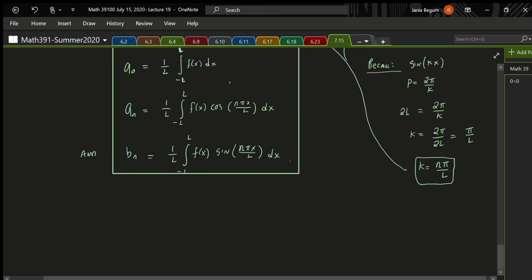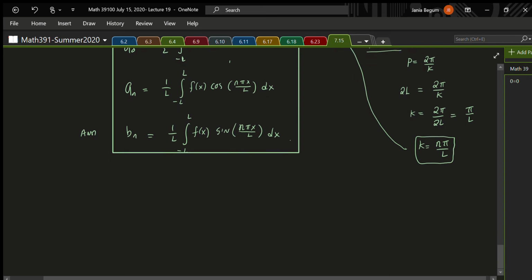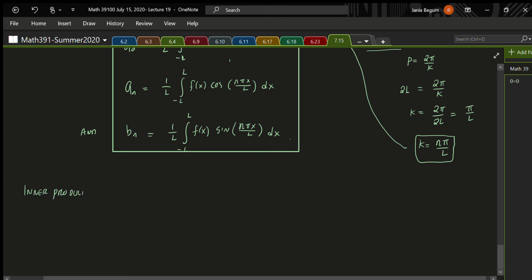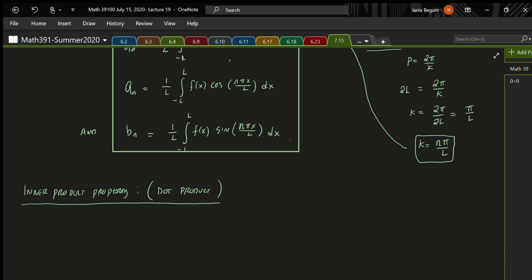But before I do that, I want to show you the inner product property, or you might have also seen it as the dot product in calculus. Just to quickly review, if you take the dot product of two vectors, and if the dot product is equal to 0, what do you know about the two vectors?